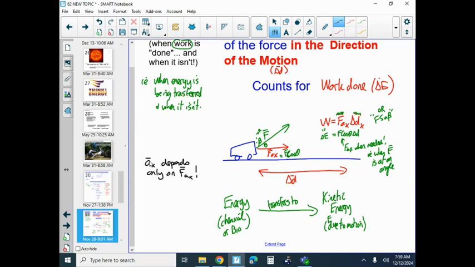And so the change in kinetic energy, so I don't know if we can do that quite yet, but basically extra energy due to motion depends only on F_ax as well, right?